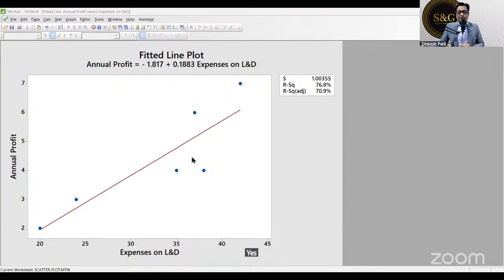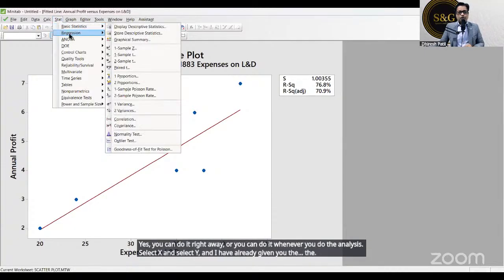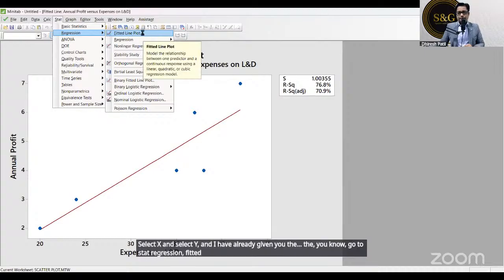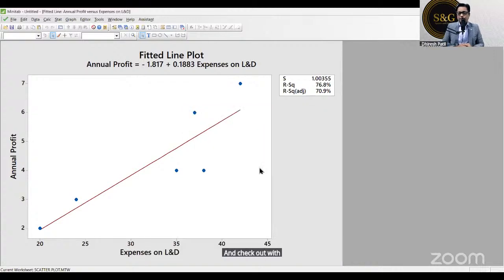Yes, you can do it right away, or you can do it whenever you do the analysis. Select X and select Y, and I've already given you the steps: go to Stat, Regression, Fitted Line Plot. Put your X, put your Y, and click on OK, and check out for yourself. You'll get a lot of insights.